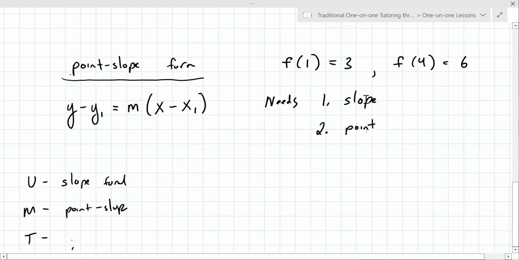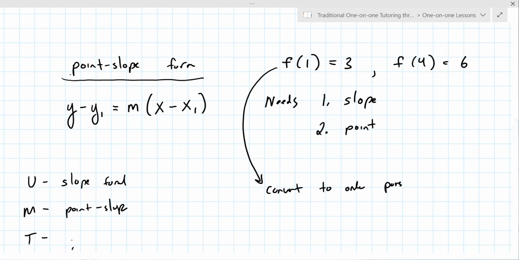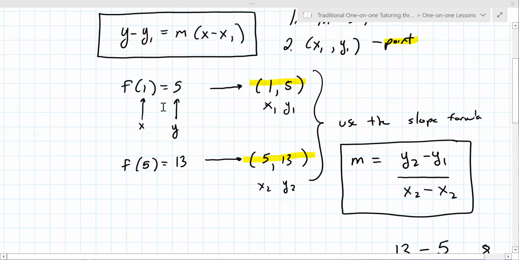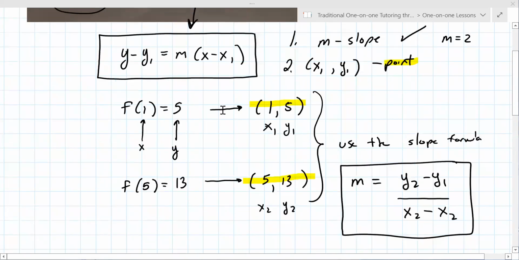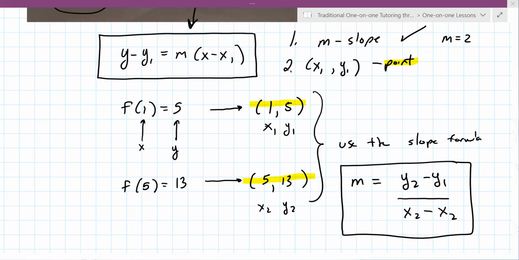Now the next thing we're gonna do is convert each of these to ordered pairs. Let's go back and look. How did we convert these functional forms to an ordered pair?